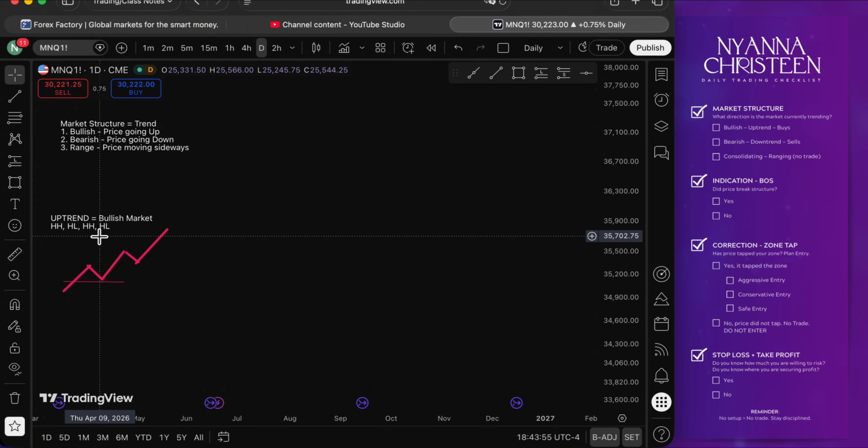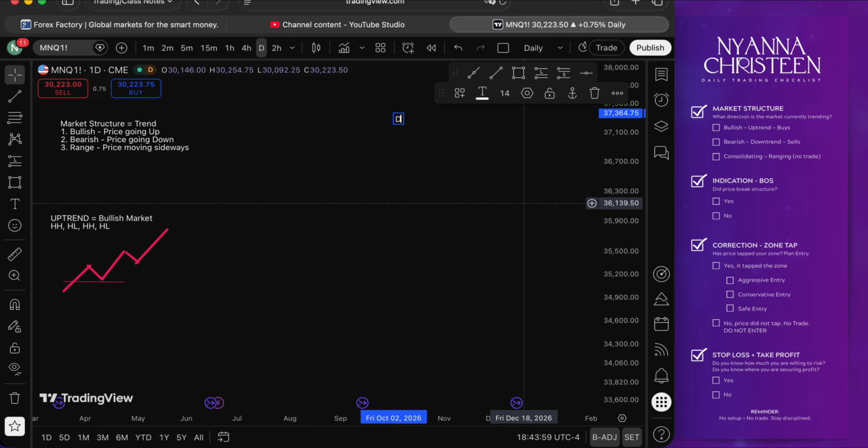Now, the second type that we have is a downtrend, or another word for that is a bearish market. So you'll hear things like, oh, bears are in control. That is a downtrend.